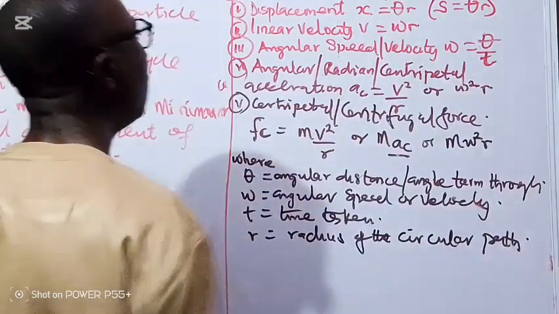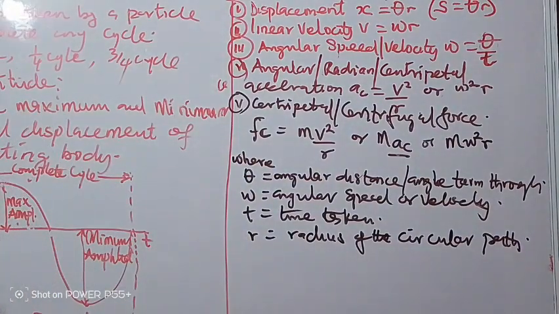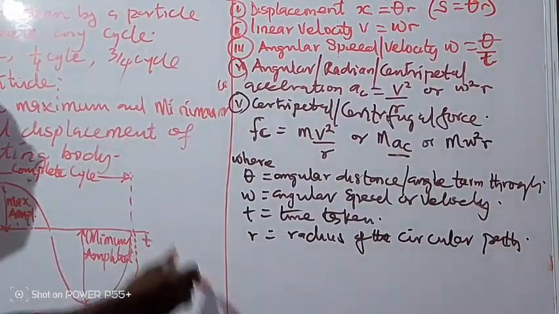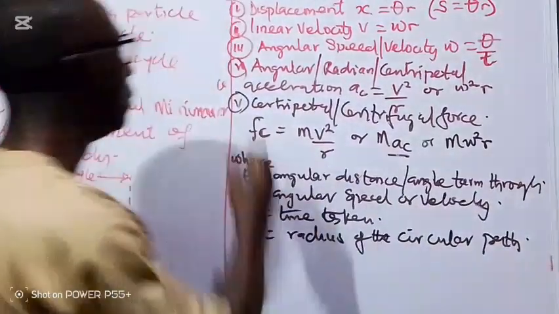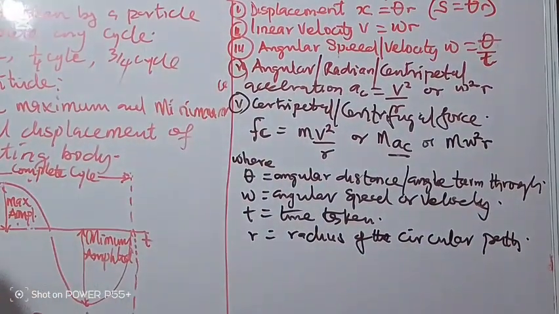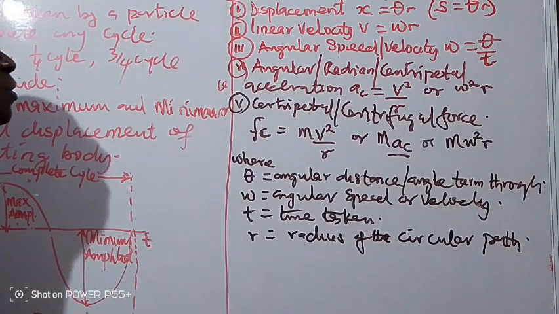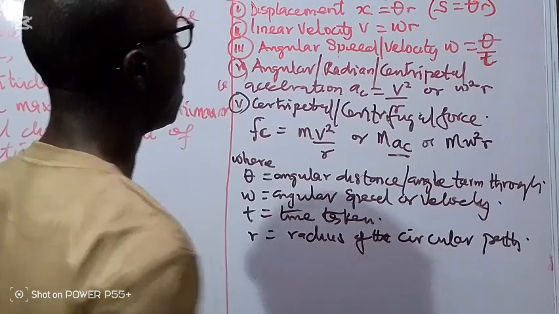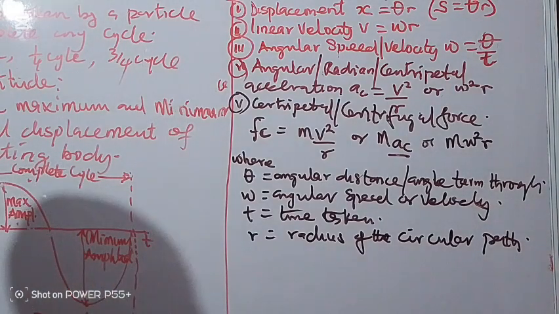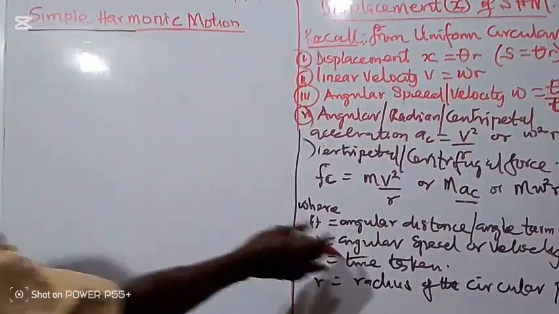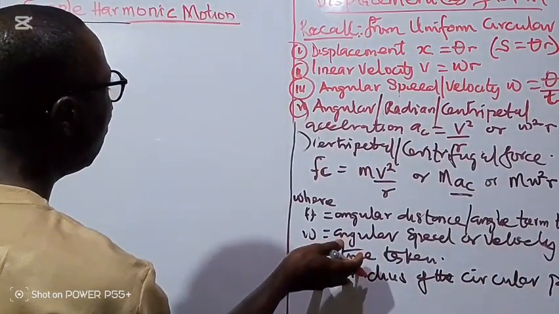If you want to enjoy it more, please try to watch our videos on uniform circular motion. We produced 2 videos on that, uniform circular motion A and B. Watch them and join them to this simple harmonic motion, and you will understand this topic better. Having reminded all this, let's now go to displacement.